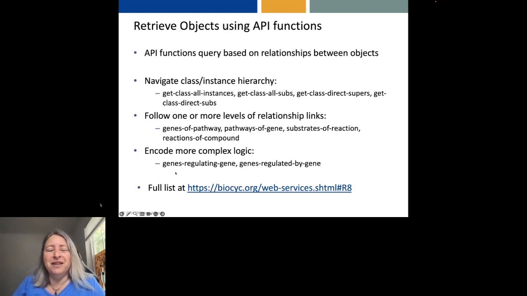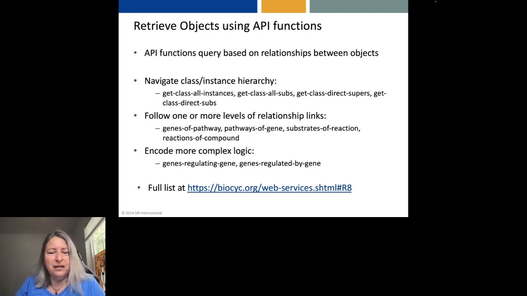So, for example, the genes regulating a gene: there's a whole slew of different ways that a gene can regulate another gene, a gene product, really. You can regulate transcription, translation. It can regulate the enzymatic activity, and there are different ways it can regulate transcription.